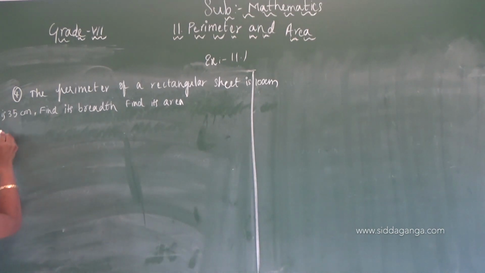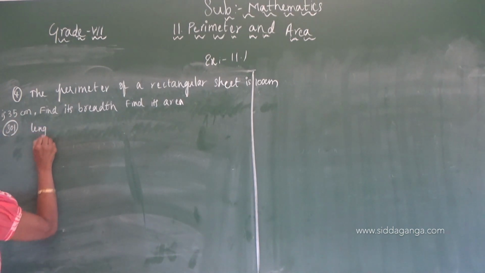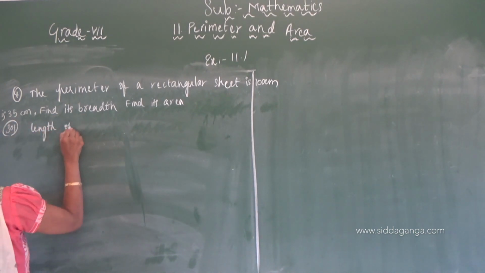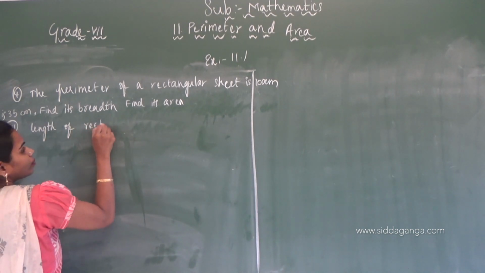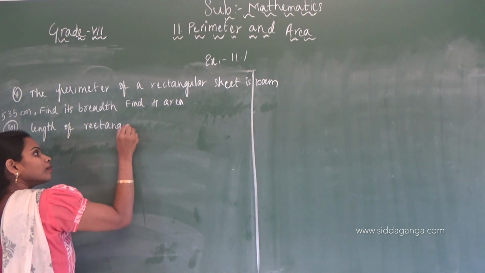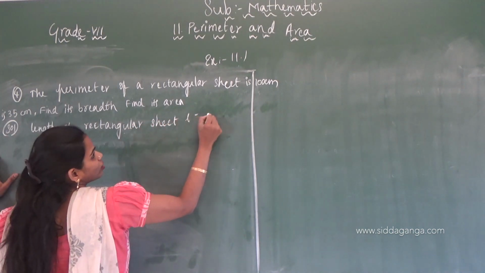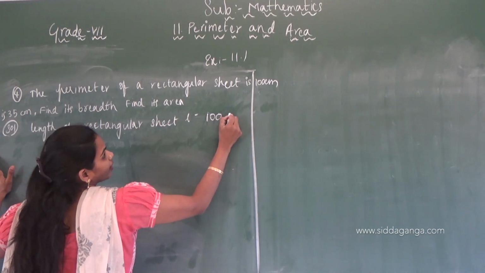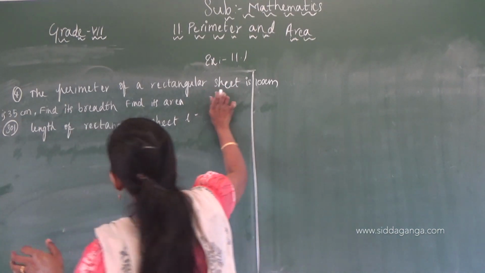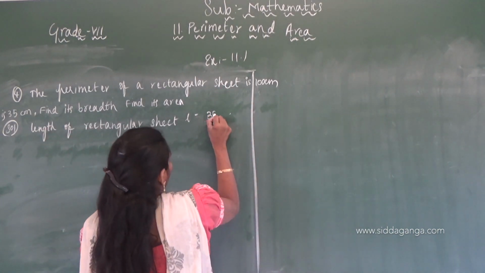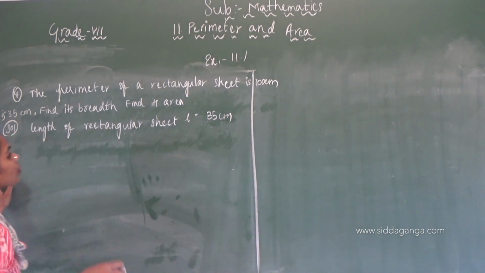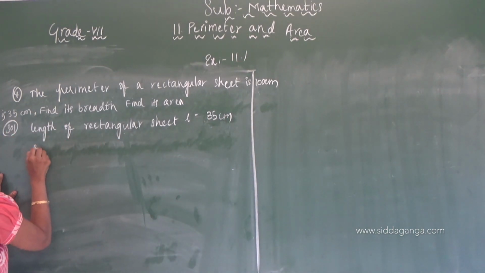Here, whatever they have given in the question, you have to write it carefully. Length of the rectangular sheet, L equals 35 centimeters.